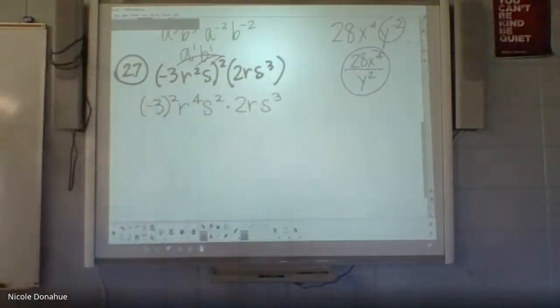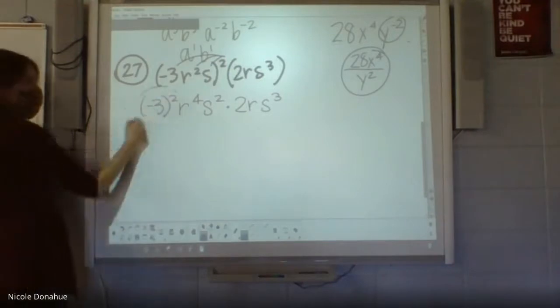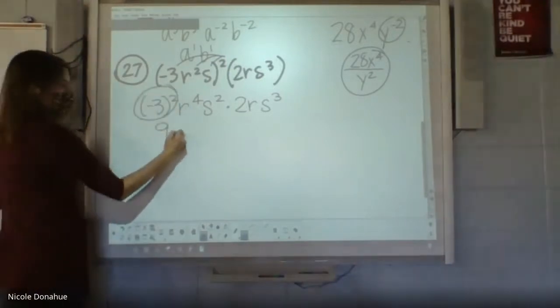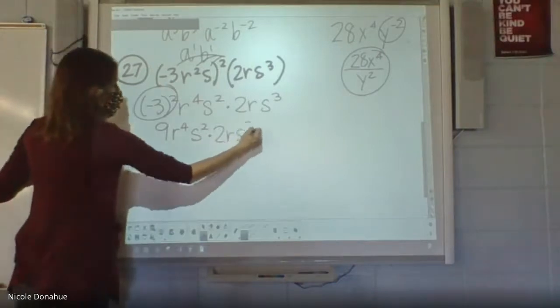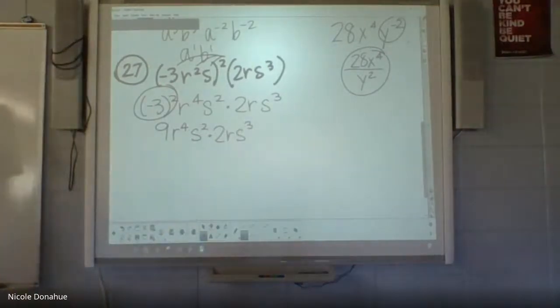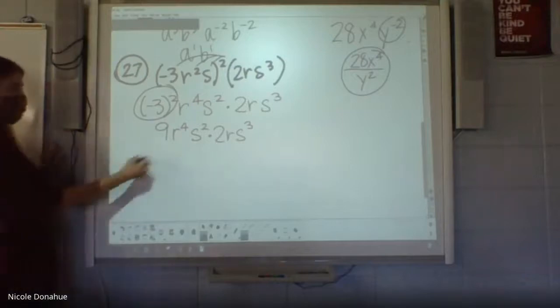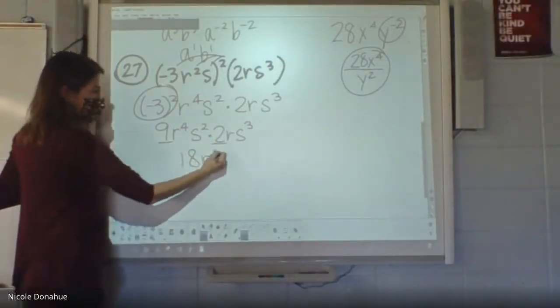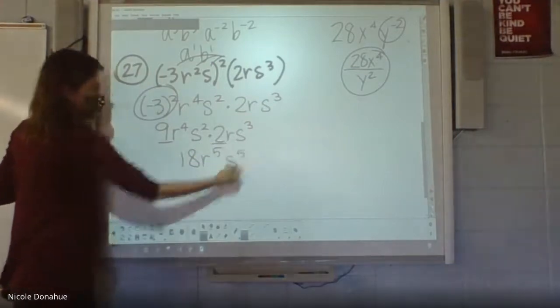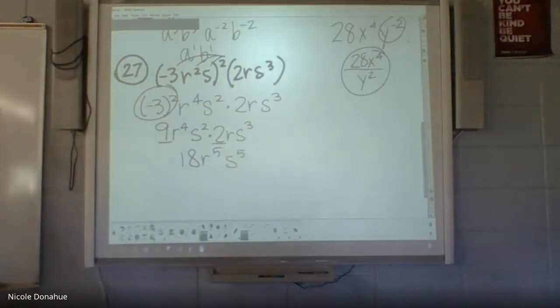Okay. So negative 3 to the second is going to be 9. Now I can multiply. So 9 times 2 is 18. R is going to be to the fifth power, and S is also going to be the fifth because we add the exponents there.